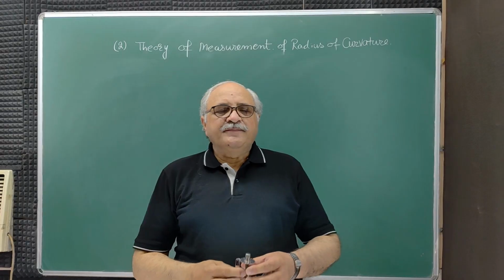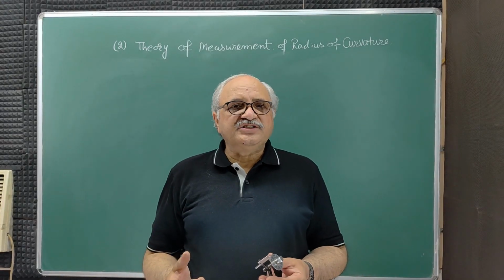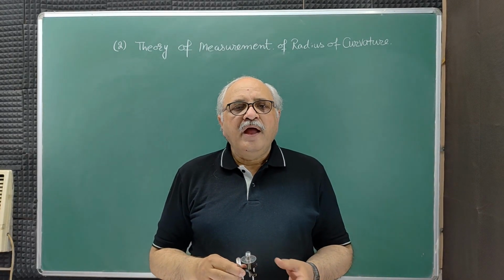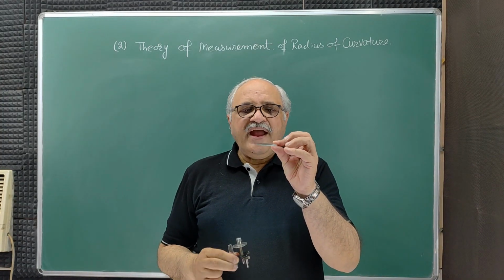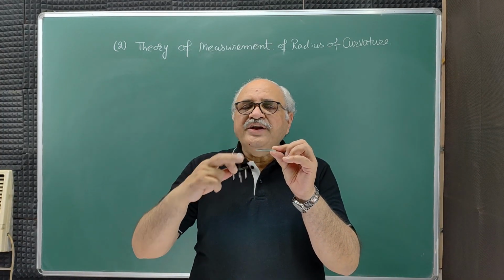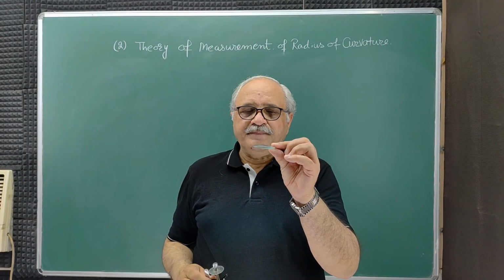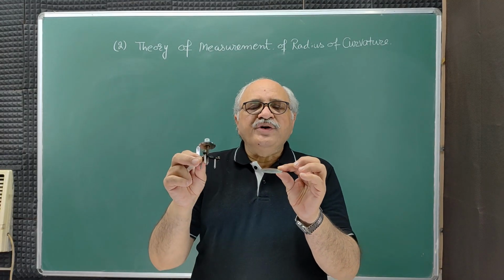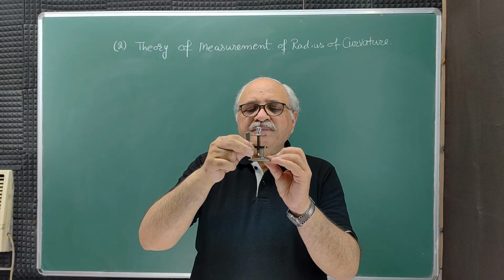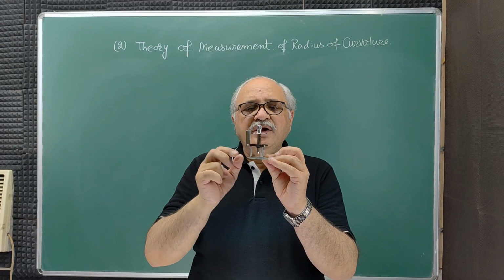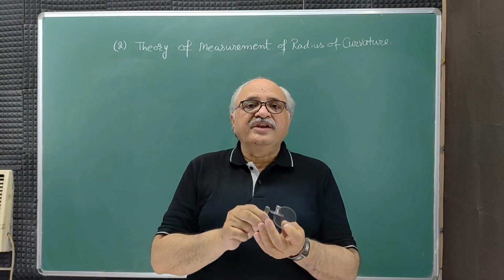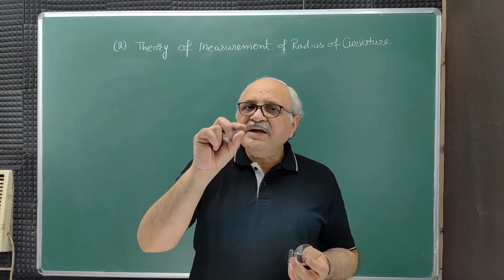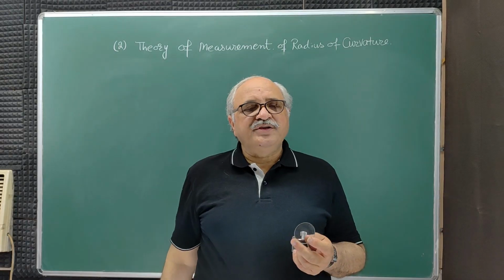So students, now we are proceeding towards the actual measurement, and this time we are taking a plano-convex lens and we are interested to know the radius of curvature of this lens. For this, we have to keep this spherometer symmetrically on the top of this lens, and find out the height of the central point.